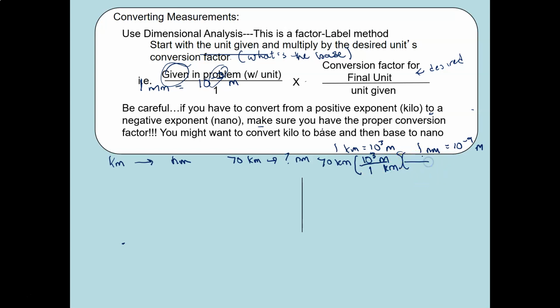And now I need to go to nanometers. Nanometers. And this is going to be meters. 1 nanometer is 10 to the minus 9 meters. Now again, I'm going to subtract. This is 7 times 10 to the 1. Right? I've got 7 times 10 to the 1 times 10 to the 3 is 10 to the 4th.